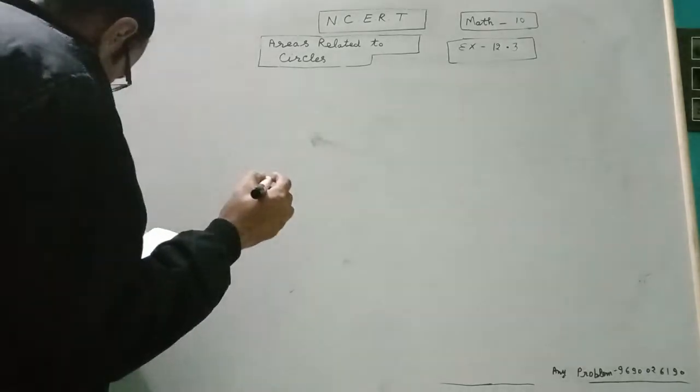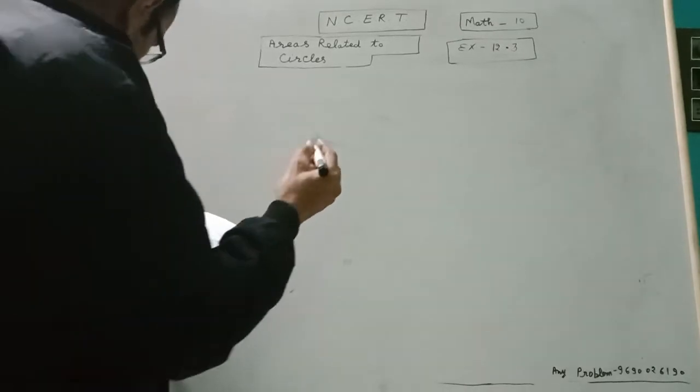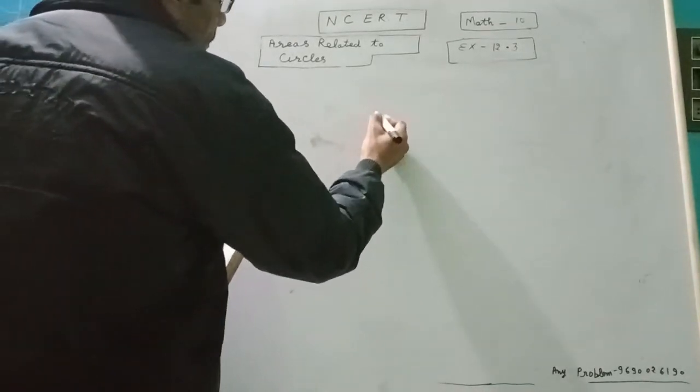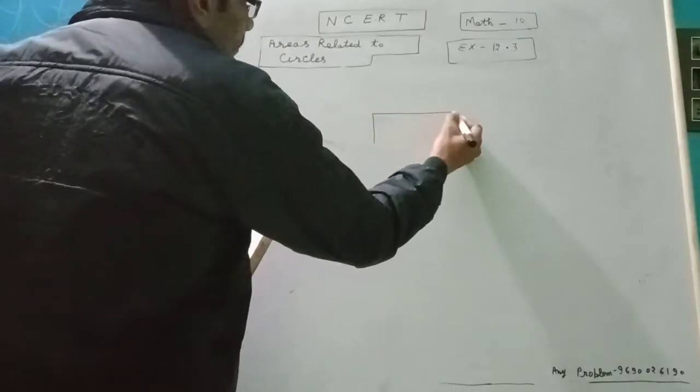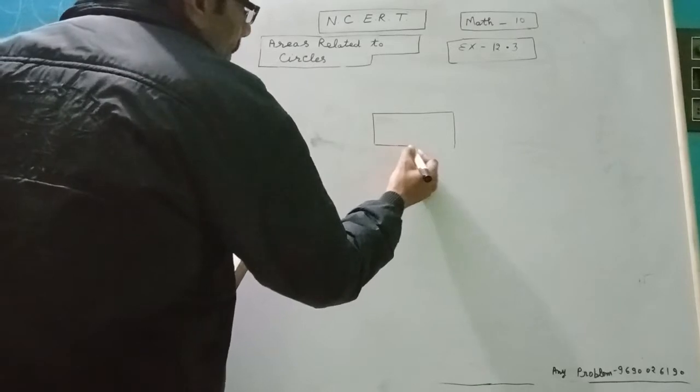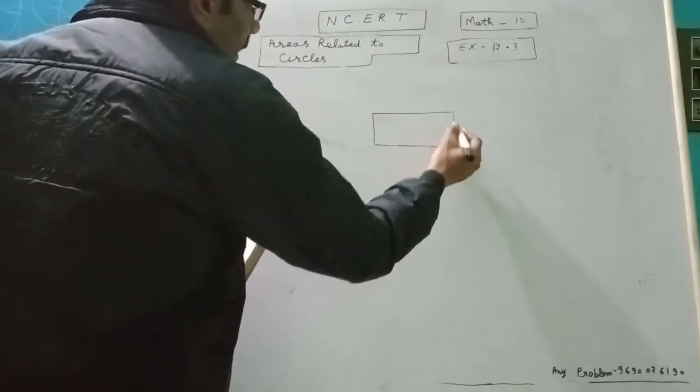Question number 8 is a racing track. The middle part is a rectangle.